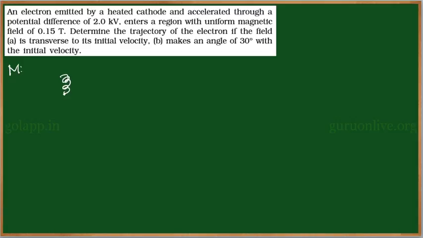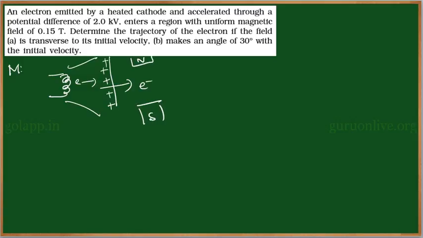Our motive is: some electrons are projected out from a cathode ray like this. Due to an electric field, the electron gets accelerated. These electrons are entering into a magnetic field. We need to find out the path traced by the electron, or the trajectory of the electron.